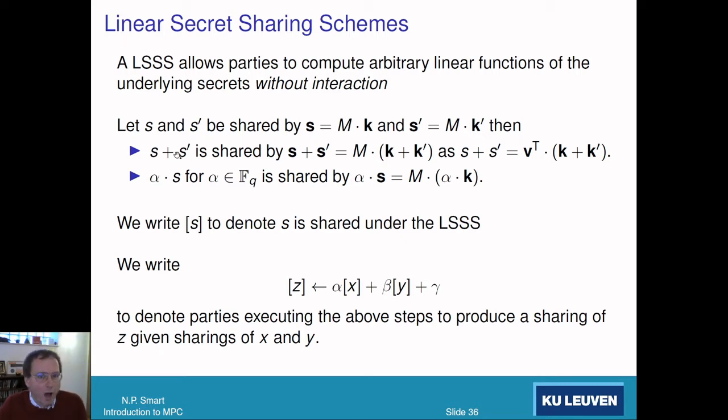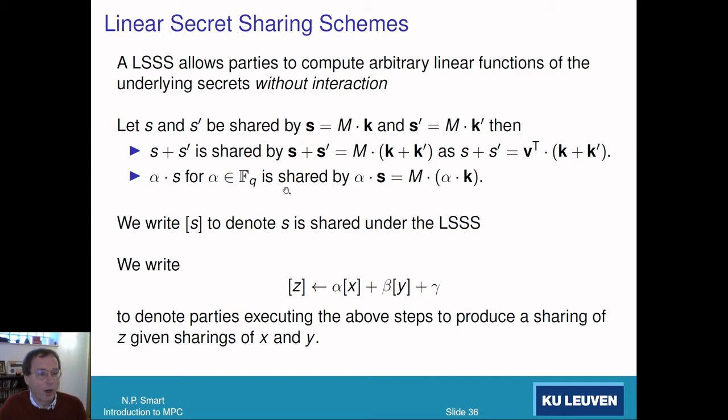But then we know trivially that s plus s dash is going to be shared by the sum of the shares, because that's equal to the matrix times the sum of the two randomization vectors. And if we took the sum of the two randomization vectors, the dot product with the target vector would equal s plus s dash. So we can compute arbitrary sums.